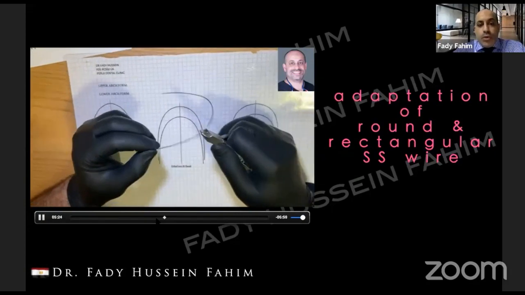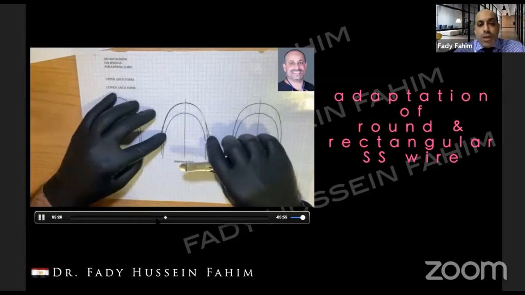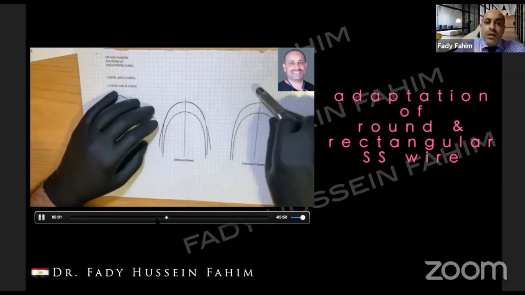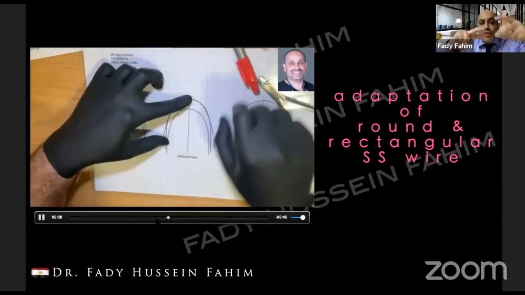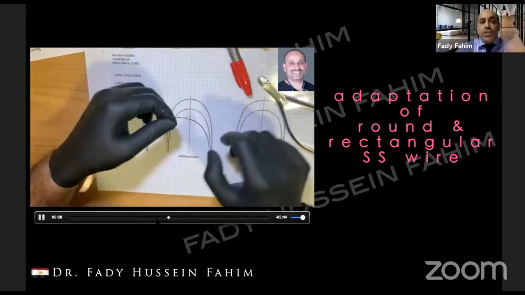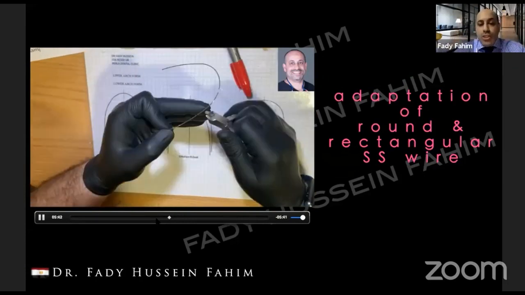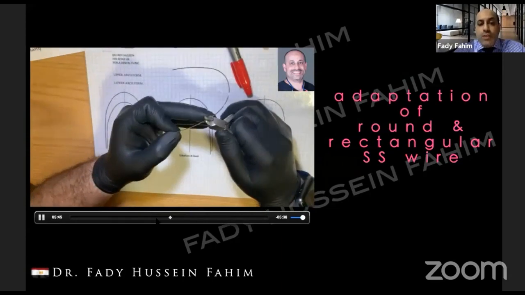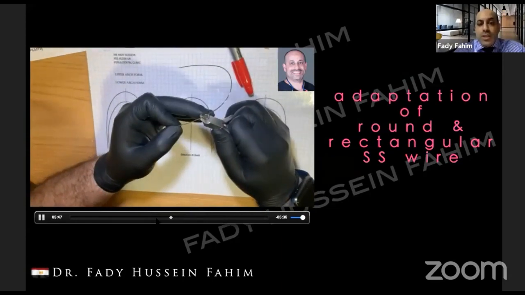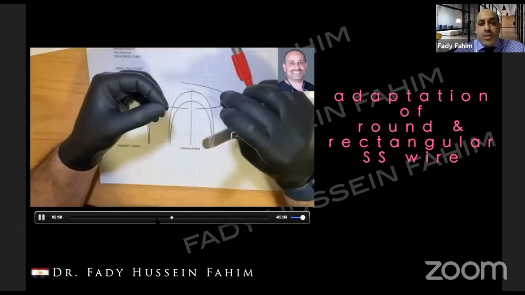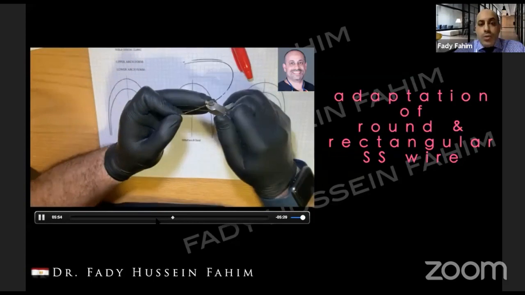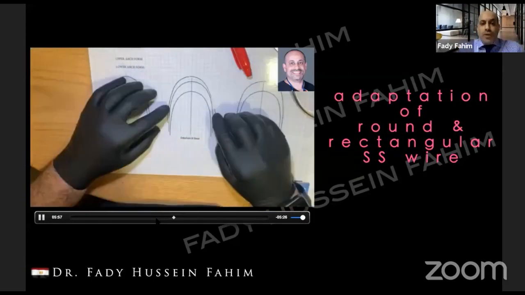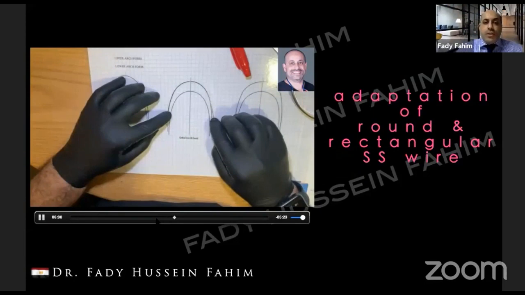The Tweed or the ribbon arch plier is flat, so that you can grab the rectangular stainless steel wire without rotation. If you bend the rectangular wires and you develop some rotation, you will change the torque. Maybe you don't want to change this torque, so the wire should be plain first, and then you place whatever torque you want. So in the customization, I use the Tweed pliers. Customize first the front, and then it is easy distal to the canines to go in and out.